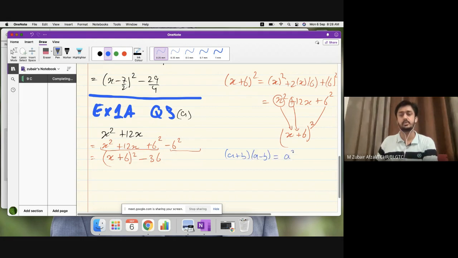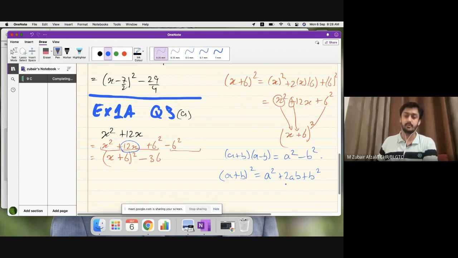That is a square minus b square. This doesn't include the term 2ab, whereas in our case, this term 12x is 2ab. So we are doing the reverse of that. Reverse of what? a plus b whole square. This used to be a square plus 2ab plus b square. So we are doing the reverse of it.